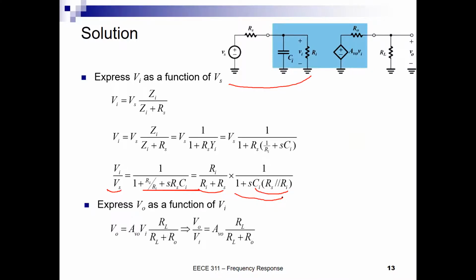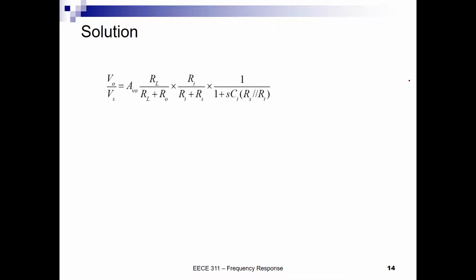And as far as VO over Vs, we have the gain of the outer network of the circuit. So the overall gain of the circuit can be written as the product of those terms that are independent of the frequency and a term that is dependent on the frequency.